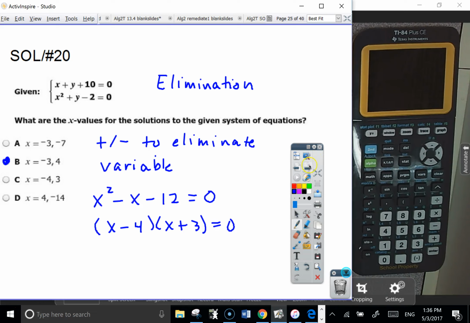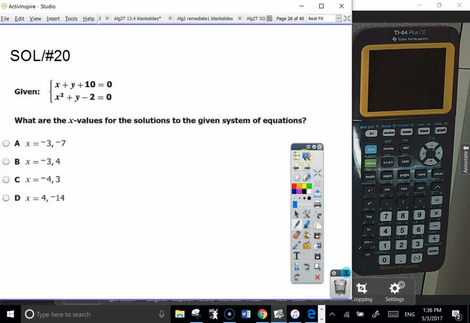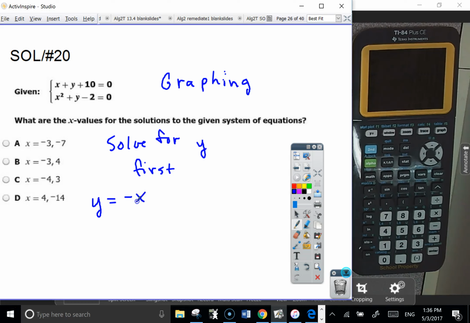Okay, how does the graphing work? Gabrielle, say again. Okay, so you have to solve for y, right? Solve for y first. So that first one is going to become y equals -x minus 10. Right, the second one is going to be y equals -x squared plus 2. Okay, so then what do I do with that?